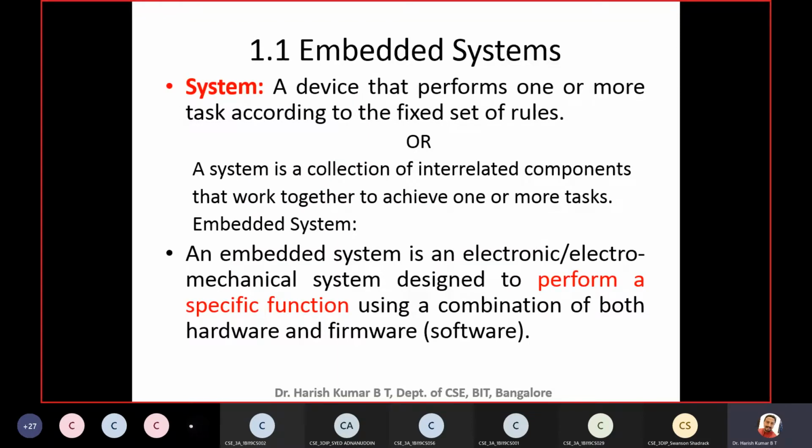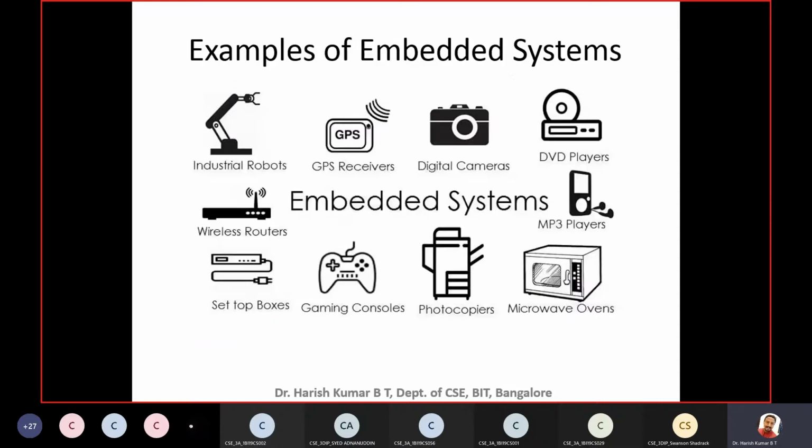In the previous class, we started module 3, Introduction to Embedded System. Here we understood the definition of system first, a collection of interrelated components that work together to achieve some common goal. Then we understood what an embedded system is, an electronic or electromechanical system designed to perform a specific task using both hardware and firmware.